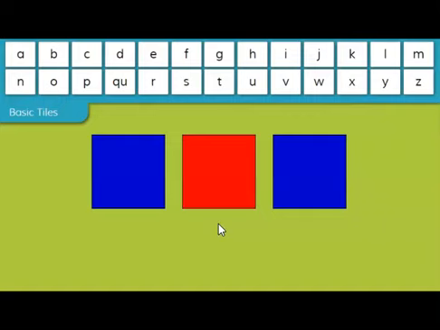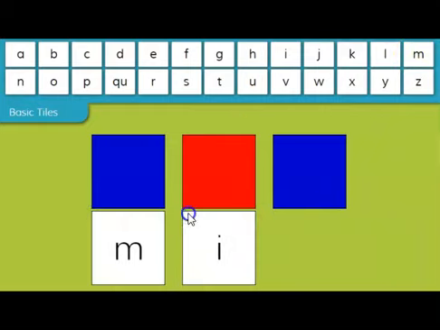Your turn. Say the word mitt. Good. Let's put our finger under the first sound. M, i, t. Again. M, i, t. Read it. Mitt. Now we can add our letter tiles. M, i, t. Mitt.